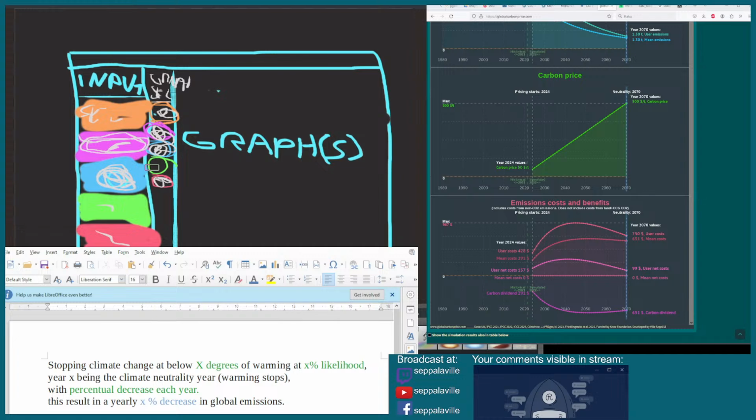I'm not sure about the balance here, but maybe the colors here could help to symbolize what's going on.